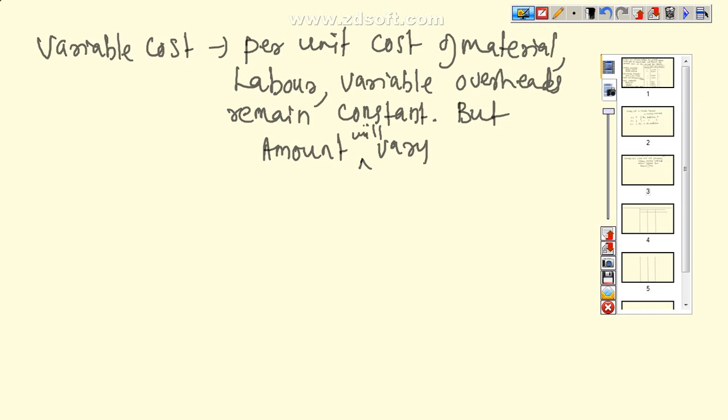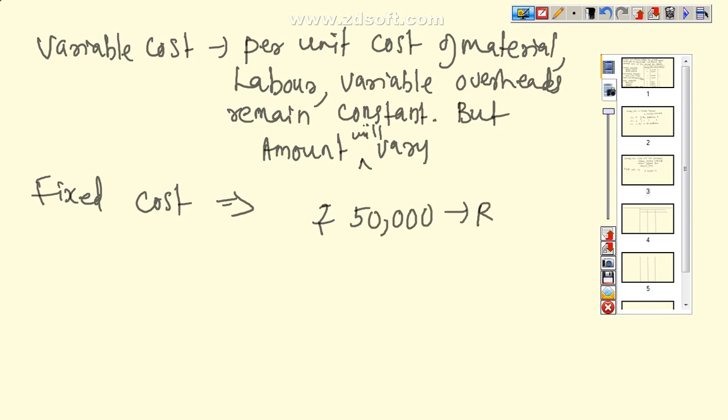Now, second type of cost we consider, that is fixed cost. Fixed costs are those costs which do not change according to change in level of production. For example, suppose a manufacturer has taken a factory for rent and he is paying rent of 50,000.